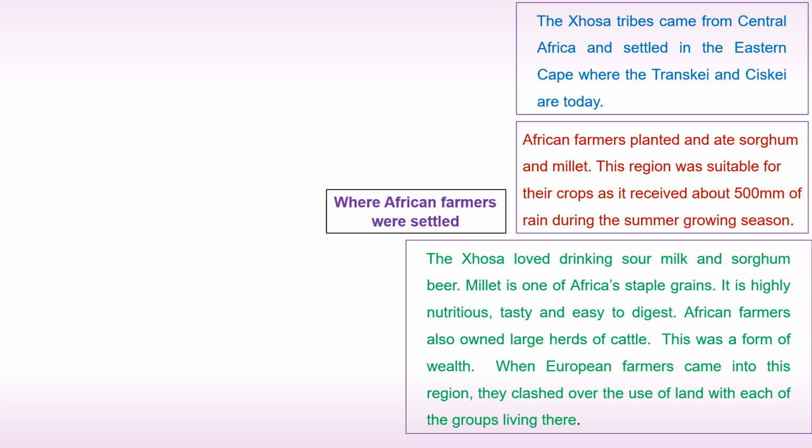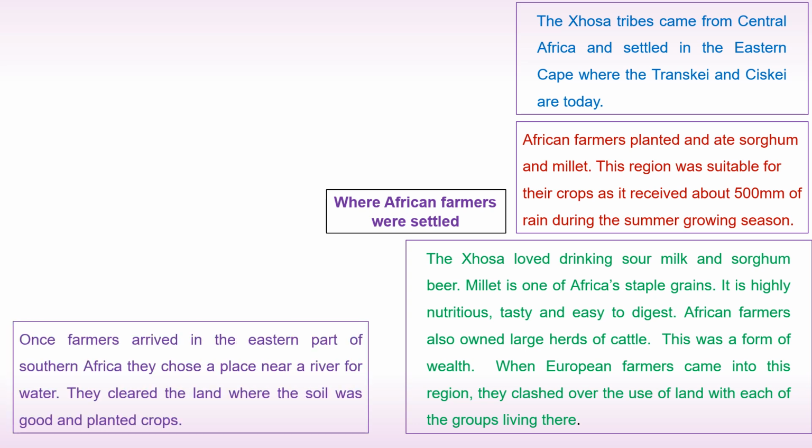Now, the European farmers came into this region through gale force winds, and they clashed with the Khoikhoi and the San people that were living in this area. Then, once the farmers settled in the eastern part, they chose an area to live near the river because the land near a river is quite fertile, and they planted their crops.